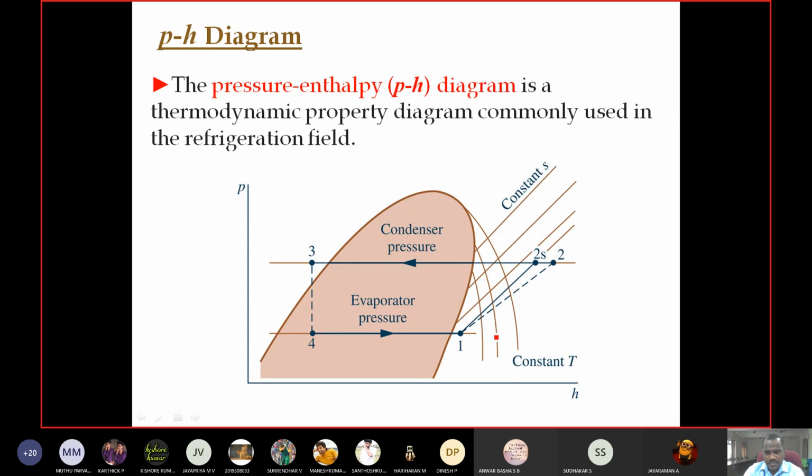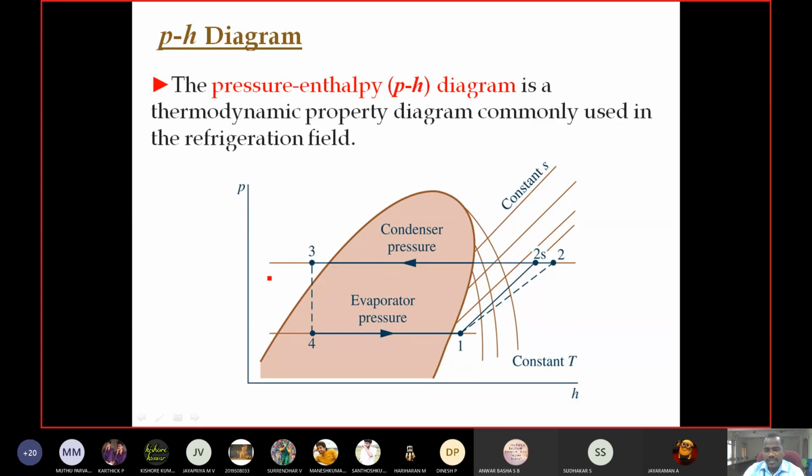These lines give the constant temperatures. Then process 4 to 1 decides the evaporator pressure, and process 2 to 3 gives the condenser pressure.